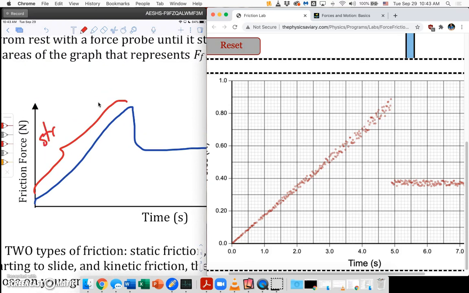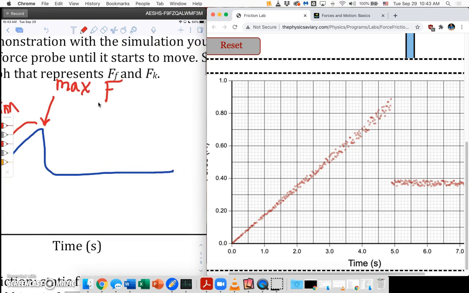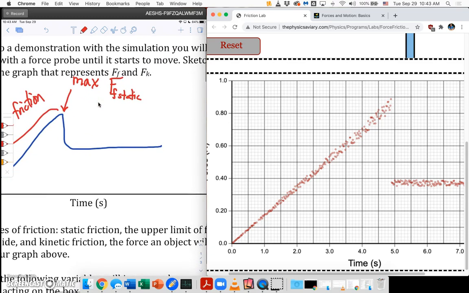This is when it was not moving. This point here was the maximum static friction, and we can call it F sub s, or force of friction static. We don't worry too much about it. There's a few things where this is going to come up.